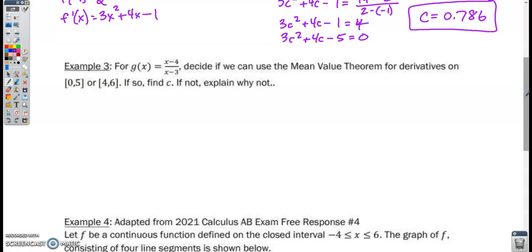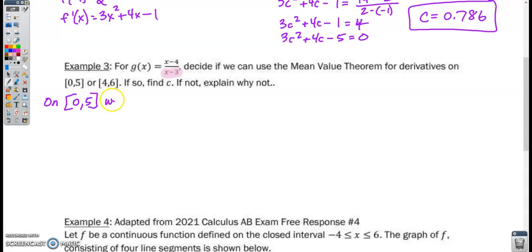Let's start with the first interval, the interval from 0 to 5. And the first thing that I should be checking to see if I can use the mean value theorem is if the function is continuous and differentiable on that interval. So if we look at the interval from 0 to 5, there's a discontinuity in this function when x is equal to 3, because that would make the denominator equal to 0.